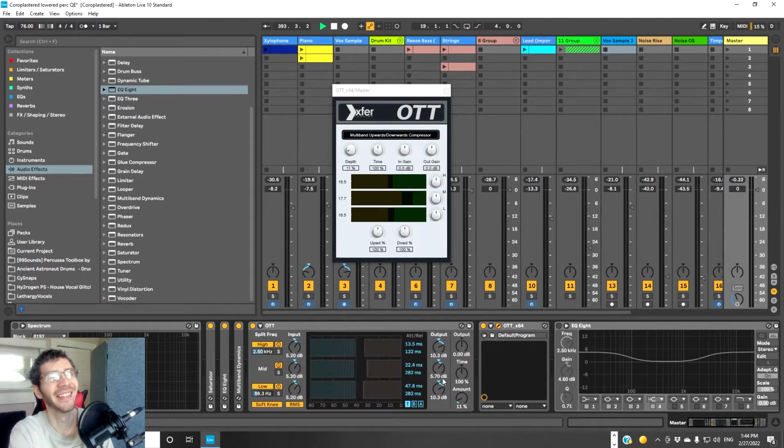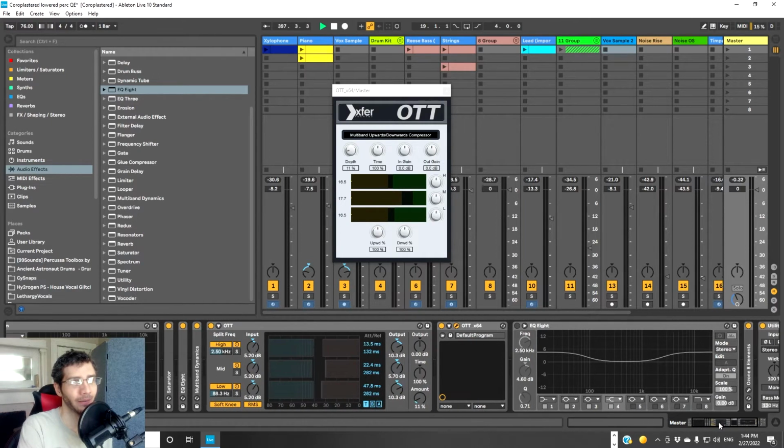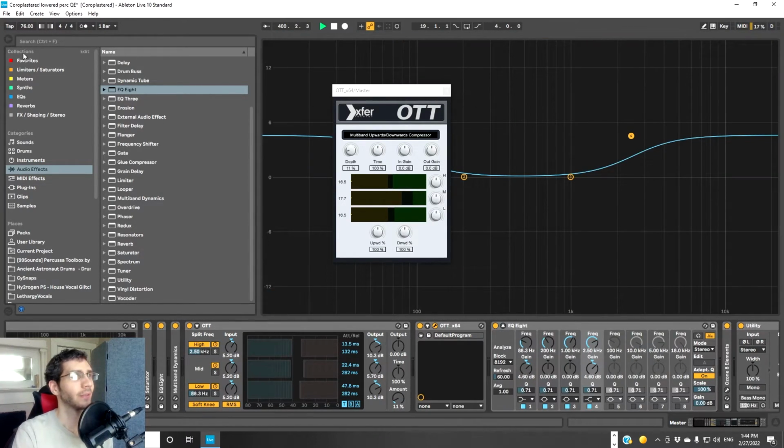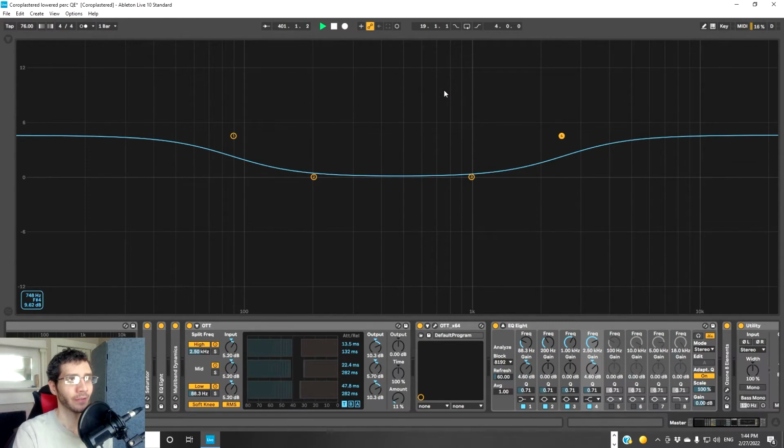So the highs are boosted by 10.3 decibels, the mids by 5.7, and then the lows by 10.3. And in order to demonstrate visually what this is, I made this EQ Eight at the same crossover points just to show it. So basically, after we've done all this crazy upwards compression and downwards compression, we just add this to it because EDM.